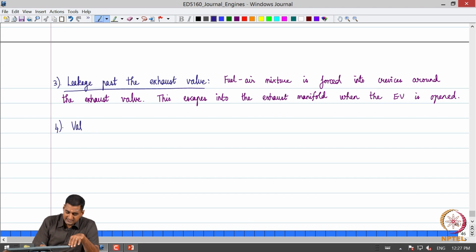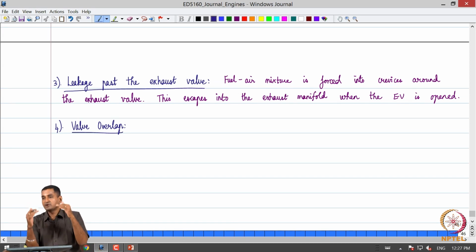In any engine there is a significant amount of valve overlap. If you recall the four strokes in a four-stroke engine, there is always some overlap between the exhaust valve closing and the inlet valve opening, and that results in two things: some exhaust gas polluting the fresh charge, which is exhaust gas dilution, and some fuel air mixture escaping also. It can be minimized with careful design, but some will remain.